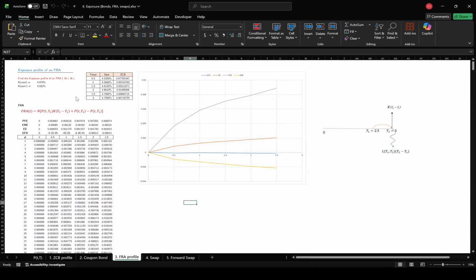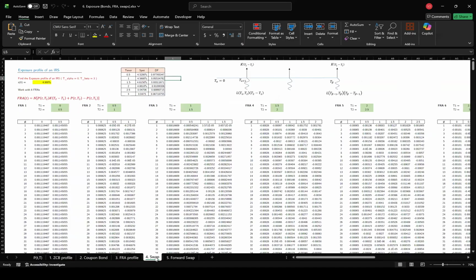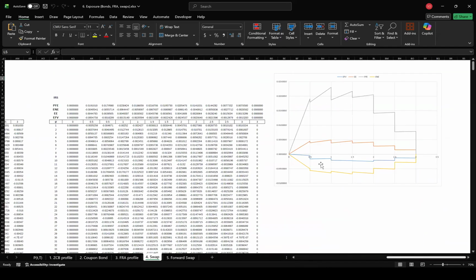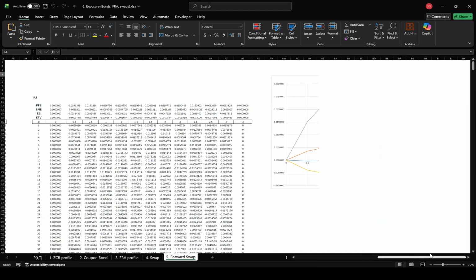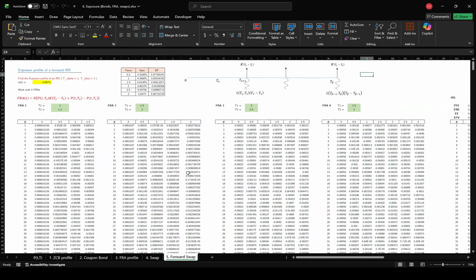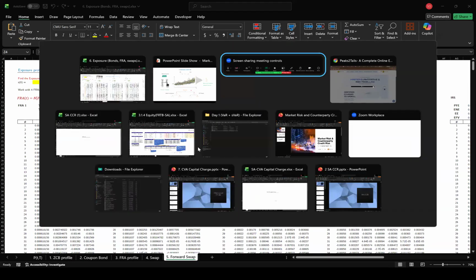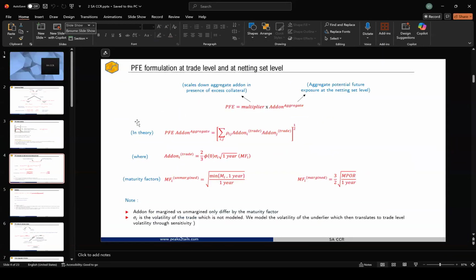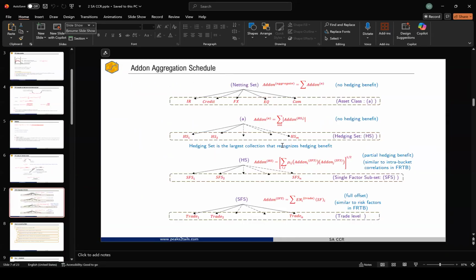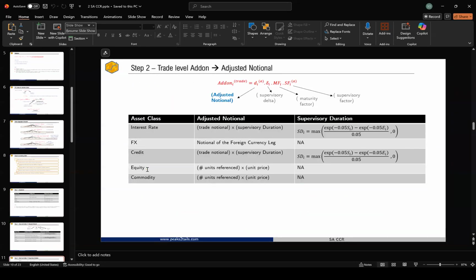So how to create an exposure profile for an FRA, for a forward swap? So a lot of simulations behind the scenes, and there is a valuation engine. Similarly, this is the SA-CCR note that you'll get. So all the theory and everything is explained in detail.